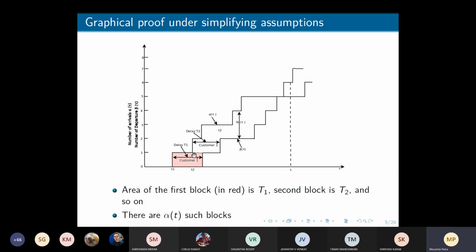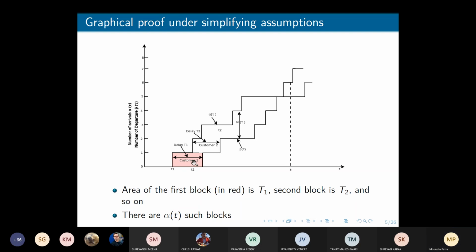If you just connect these points, you will actually see it as a rectangle. As you can see the red block here, you can see this block as a rectangle, and this width tells you the time that the customer actually spent in the system.